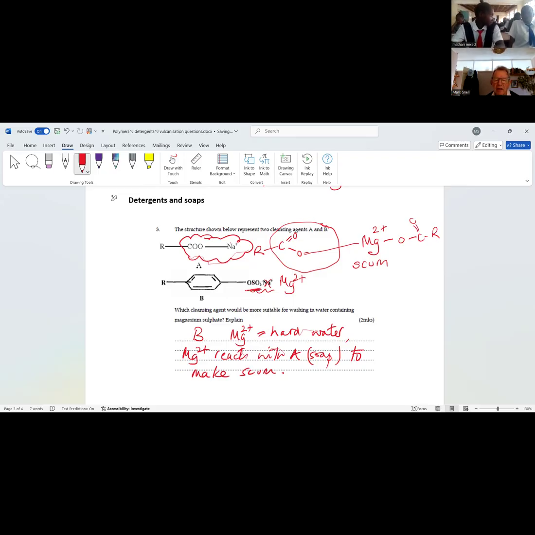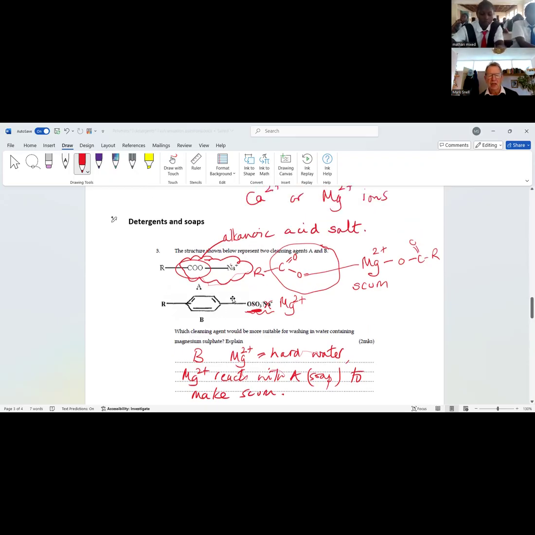This one here, detergent. So this is the sodium salt of COO. You should recognize that was an alkanoic acid. So it is now an alkanoic acid salt, and that is the soap. Okay, next question.